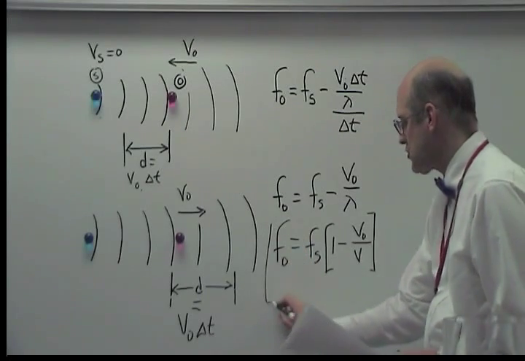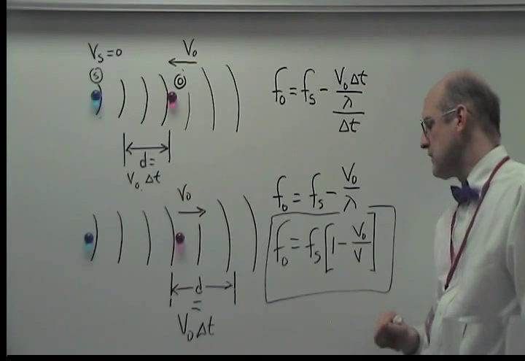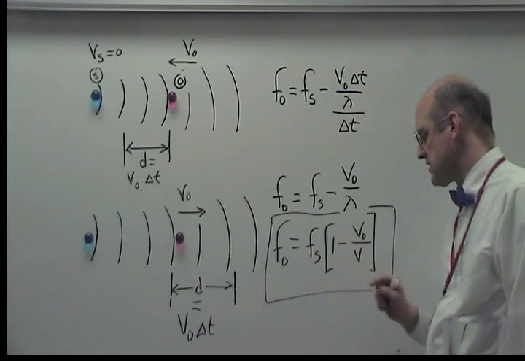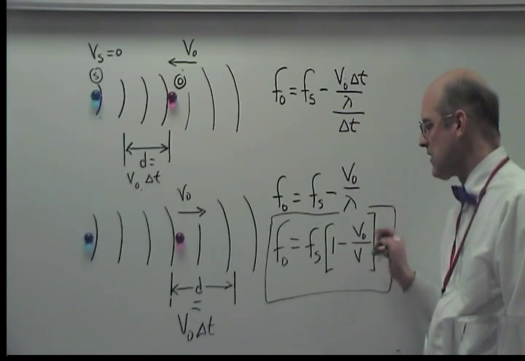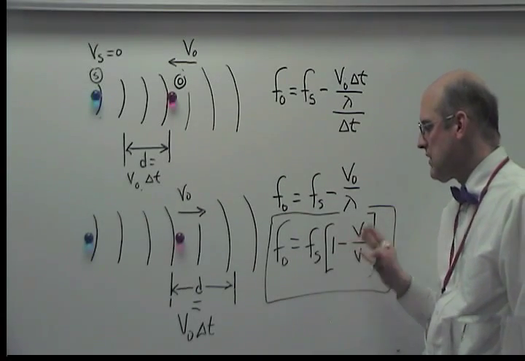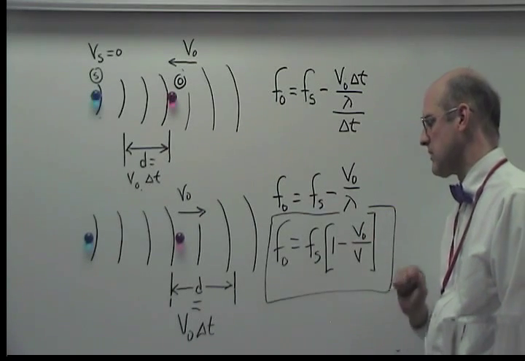Okay, so this equation predicts the observed frequency when the observer is moving away from the source. And again, you can see here that if the observer is traveling at the speed of sound, this term goes to 0, take 0 times the frequency of the source, and you get a 0 observed frequency.